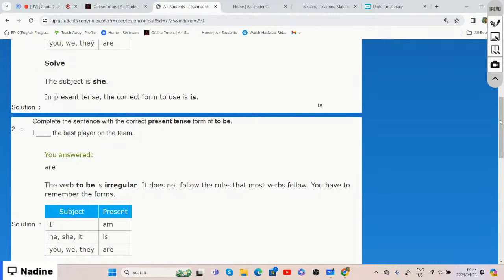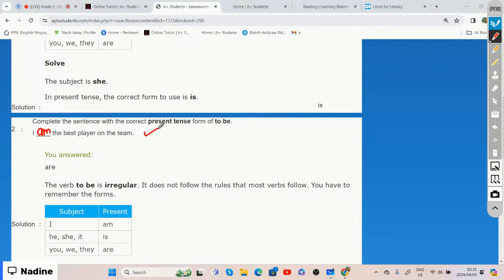All right, and if we choose the correct verb, then we can say I am. So well done. Am is the correct verb within that sentence. So I am the best player on the team.